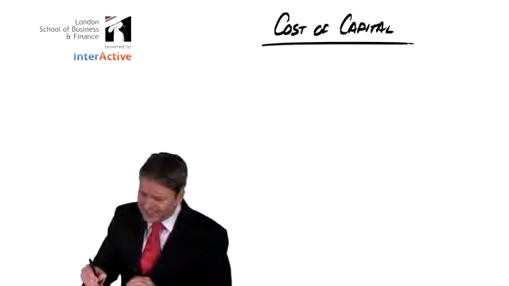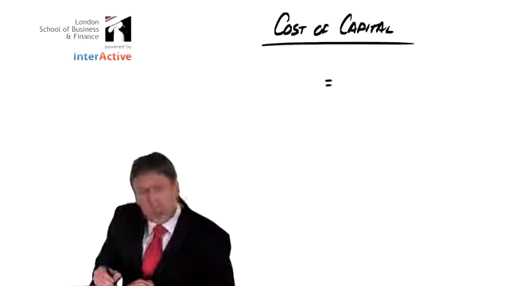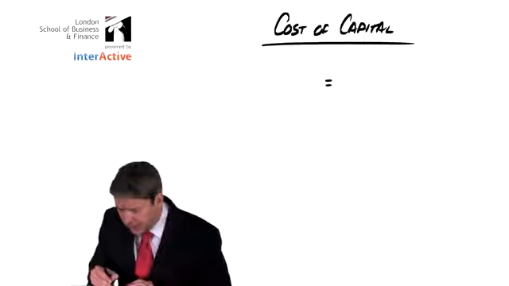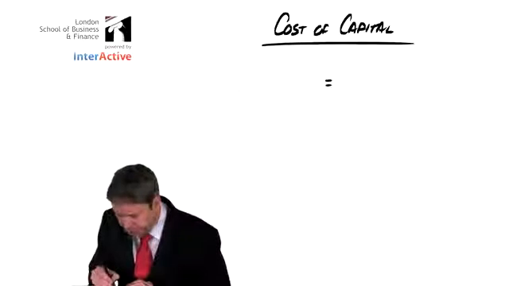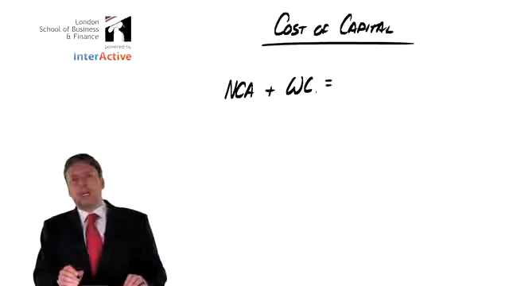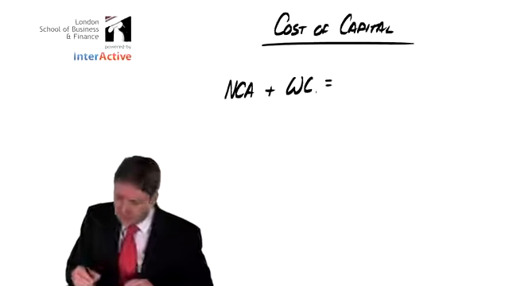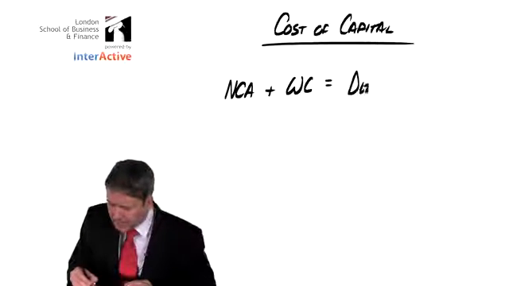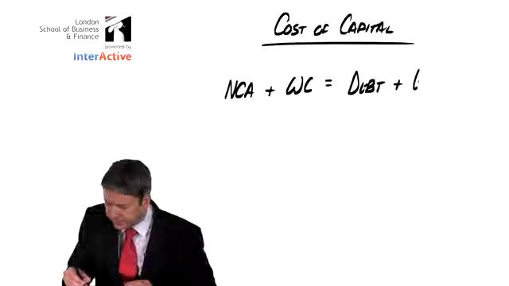If you remember, we said on the one hand, we had the use of funds in so much as we used the funds up on non-current assets plus working capital. And we funded the business in terms of debt plus equity.